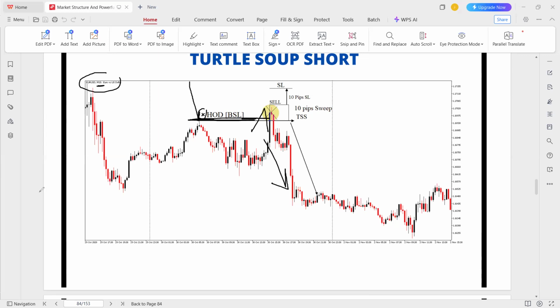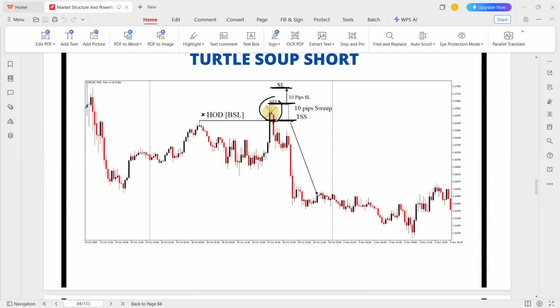Okay, so this is an example where we've got a liquidity sweep taking out the high of the day, and you can see the sell stop loss is 10 pips above the high, which takes out the liquidity.